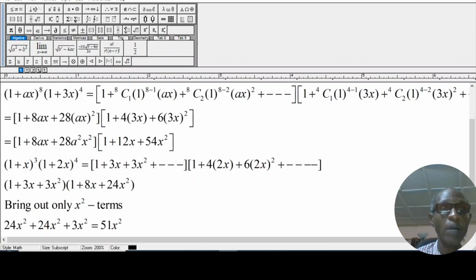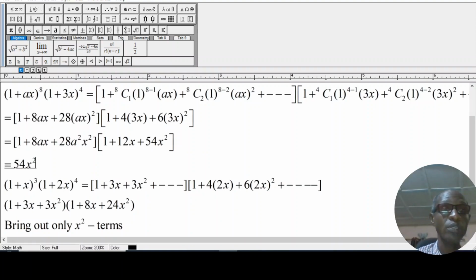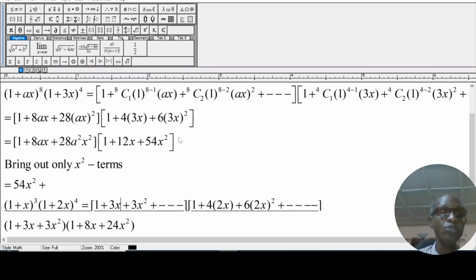So we need to go back up again and then work with this one. If you are working with this, this will now be 1 times 54, 54x squared, plus that's the one that will give us x squared terms. Let me copy this so you know what I'm doing. I don't need to expand everything. I only need x squared terms. So bring out just the x squared terms.